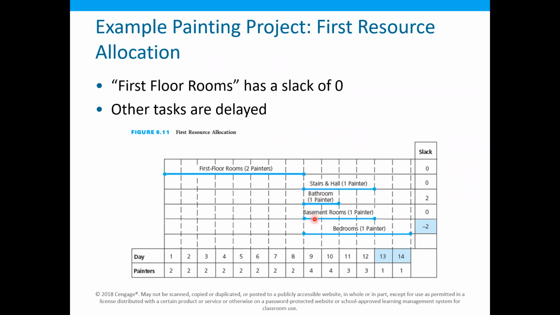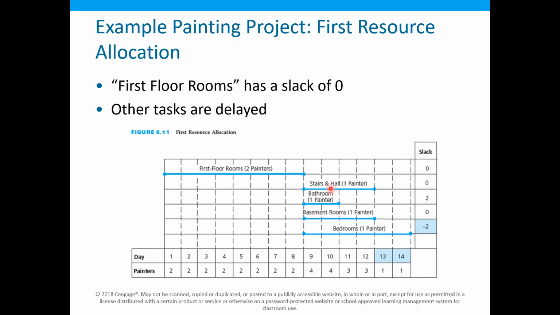So in that case, which activity will we choose? As a rule, we will choose the activity which has the smallest duration. But in this situation, both activities have equal duration, which is 4 days. So these two activities, stair and hall and the basement, are equal in these two priorities.